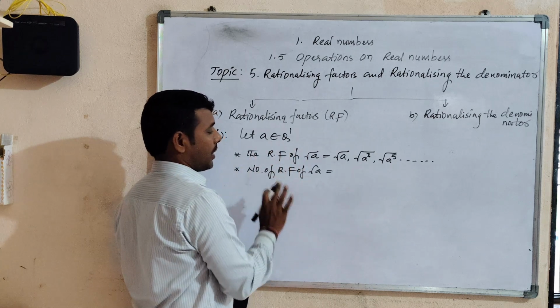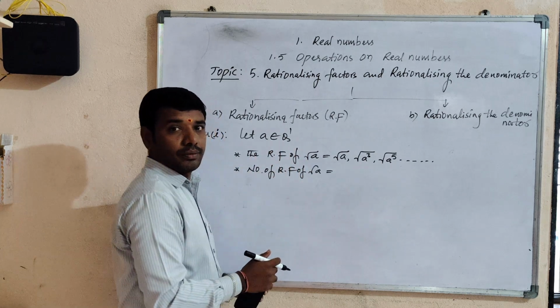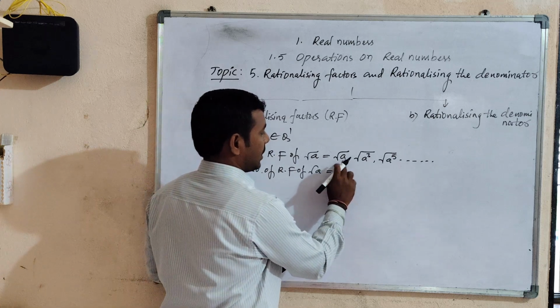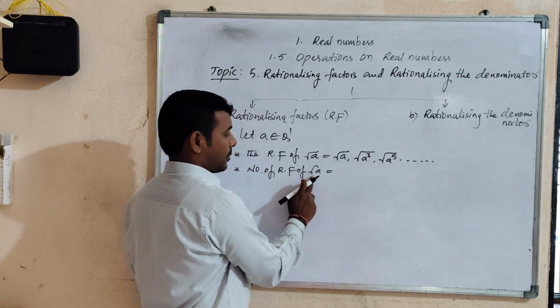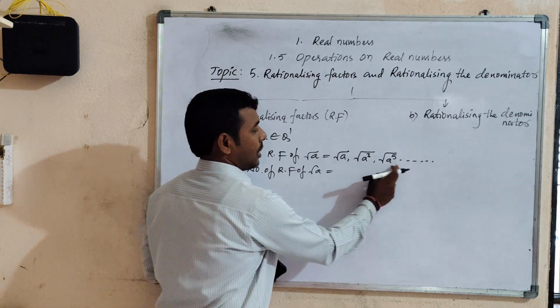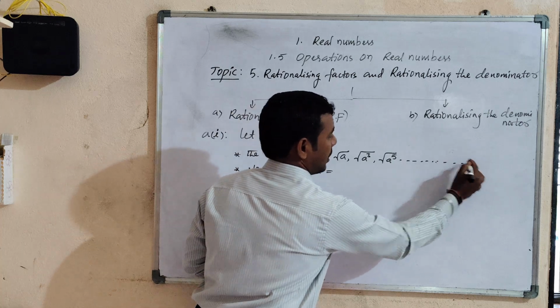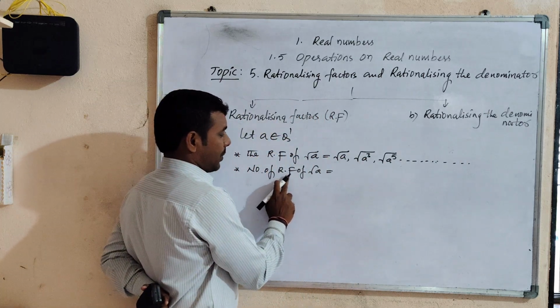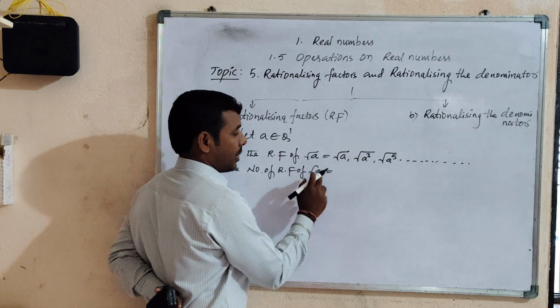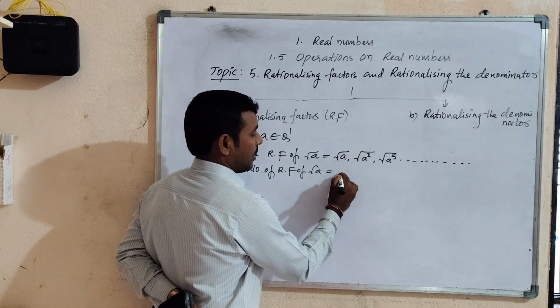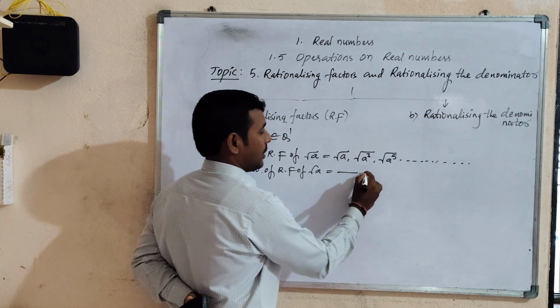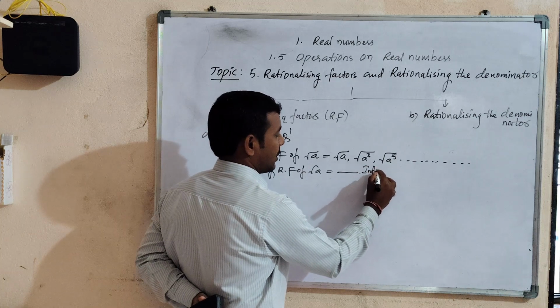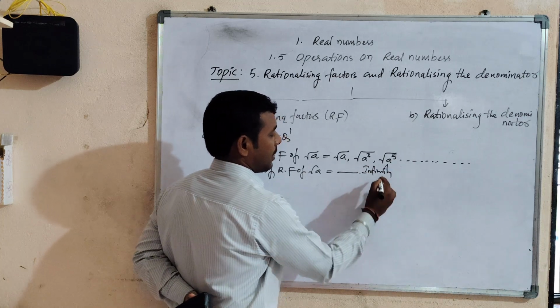Its rationalizing factors, how many are there? These are rationalizing factors of square root of A. Those are infinite; the dot dot dot indicates that there are many. So what is the answer? The number of rationalizing factors of square root of A is infinity.